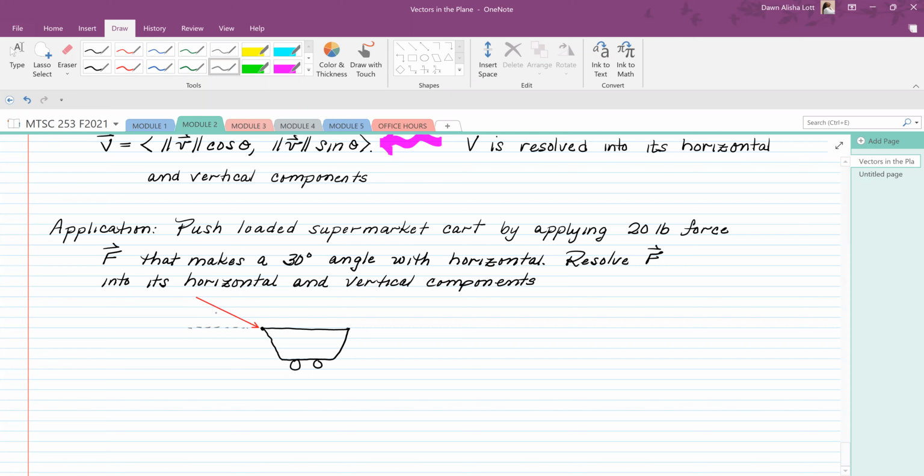So this is 30 degrees. And I know the magnitude of the force is 20 pounds. Okay, so what I need to do is figure this out. So 30 degrees is pi over 6. So let me redraw my triangle for a moment.